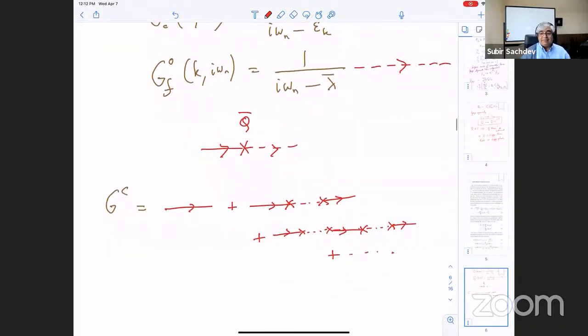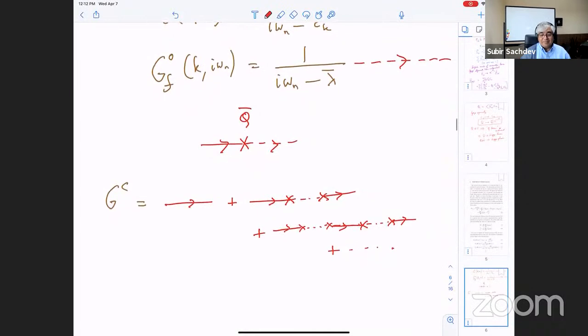From this, if I define the self-energy for C particles, I think of the F line as some interaction, and I'm allowed to cut the C line. I can cut an internal C line here and it falls apart, so this term should be included in the self-energy.